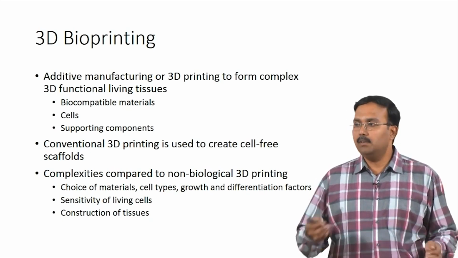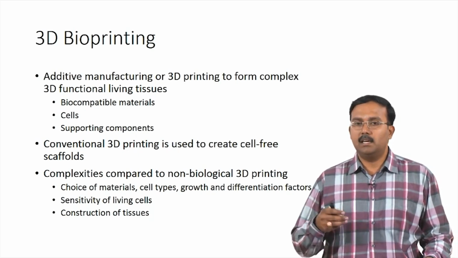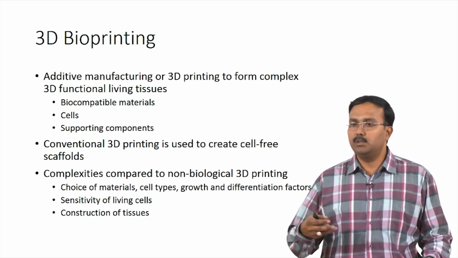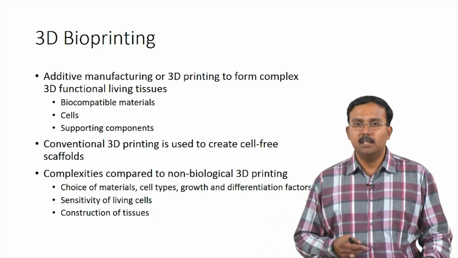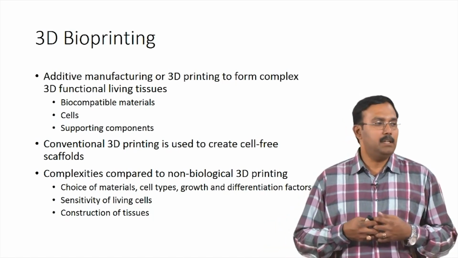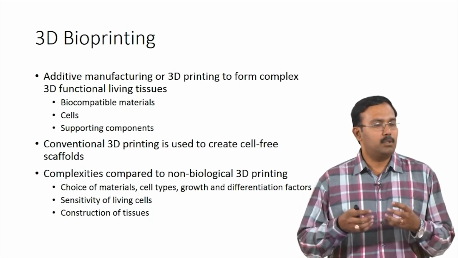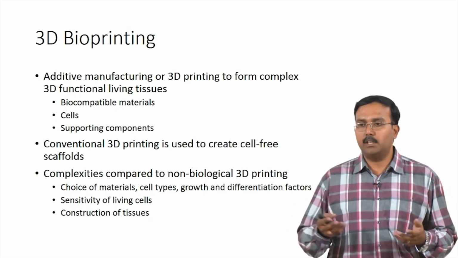The sensitivity of living cells should also be taken into consideration. Mammalian cells are sensitive to shear stresses, so you would want to use something which will not cause destruction of the cell. And you need to understand that the construction of the tissue is going to be much more intricate than a macro structure which you try to print.